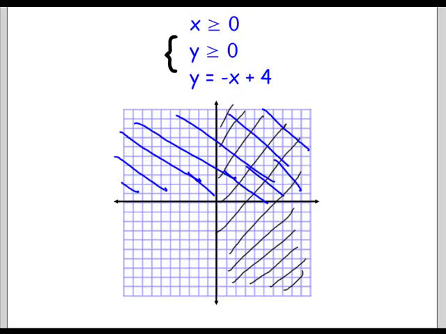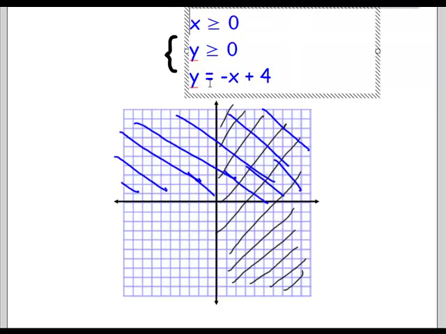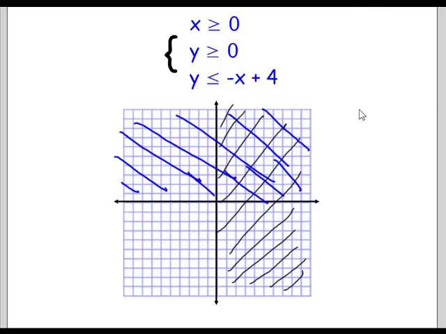But our final piece of information is that y is less than or equal to negative x plus 4. Well, this is just a line that starts at 4, with a slope of negative 1.